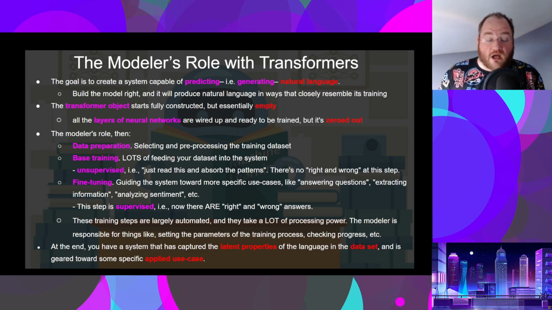So the modeler is responsible for things like setting parameters in training processes, checking progress, all these kinds of things that they can tweak, but overall, you are letting it run through a lot of data that you have prepared for it, right? So at the end of this modeling process, you have a system that has captured the latent properties of language in the dataset and is geared towards some specific applied use case.